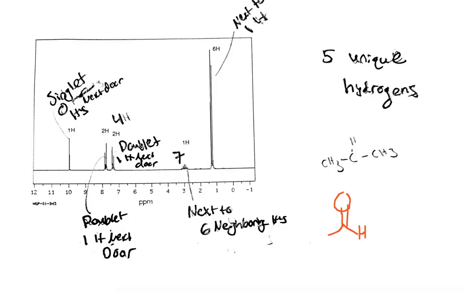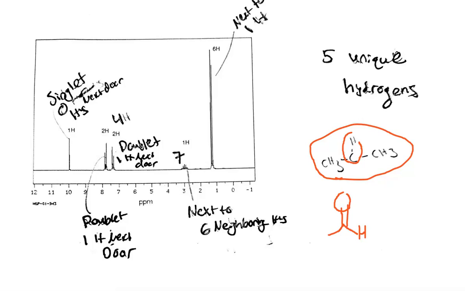Because it's n plus 1, this would be n plus 1 equals 7, so n equals 6. As you can see here, this is what I would expect. So this is that 1H, and then the neighboring 6 hydrogens on these carbons.